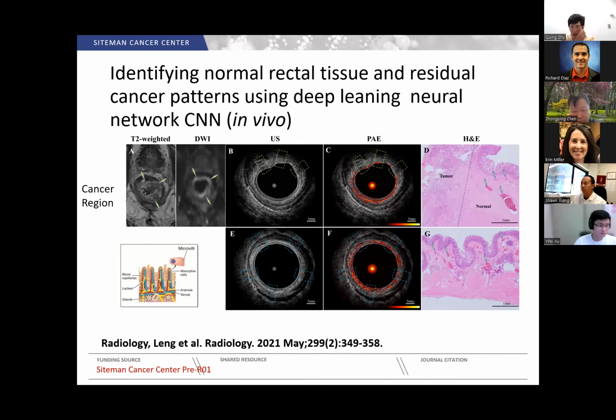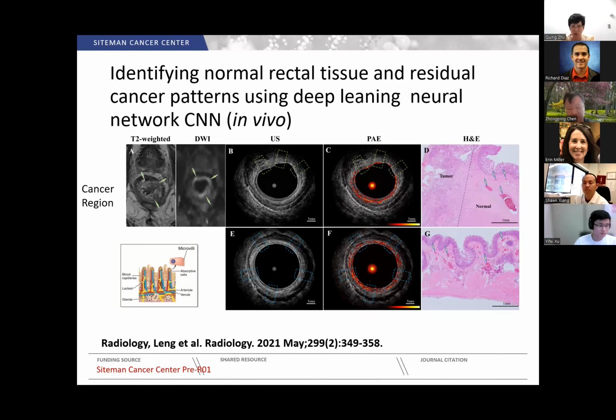And now I'm introducing deep learning. Soon after we saw this pattern in many ex vivo cases, we started thinking, how can we quantify this? We can certainly see it by eye, but when the probe pulls back, ultrasound and photoacoustic together will be several hundred images, because our laser is in the 1 kilohertz range.